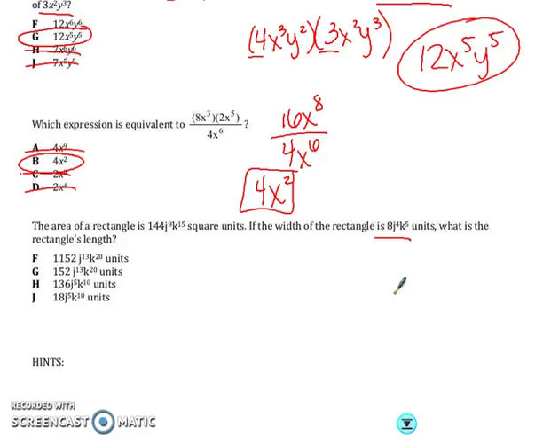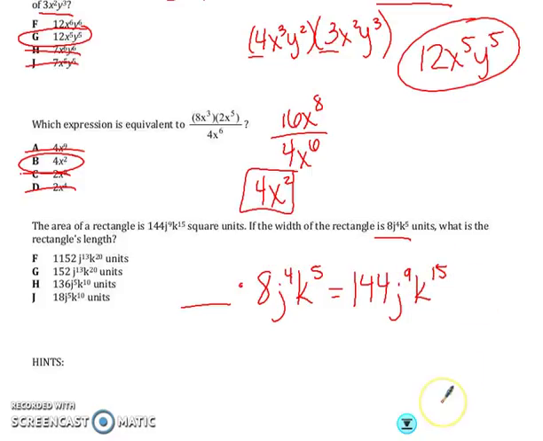How I would set it up is something times 8 j to the 4th k to the 5th equals 144 j to the 9th k to the 15th, right? There's something here. So to solve for this, I have to get rid of this. Well, the opposite of multiplying by all this is we divide by all that, 8 j to the 4th k to the 5th.